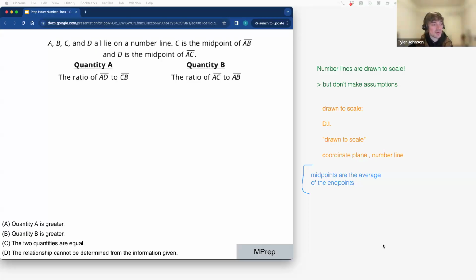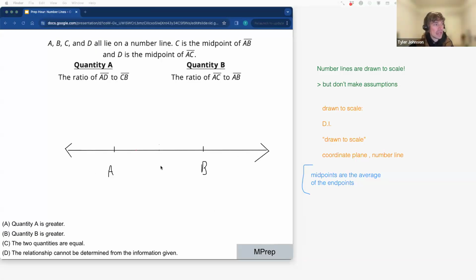Okay, so if I were to draw this one out, I've got this AB on a number line, and C is the midpoint. So I'm just drawing C right in between those two. And then D is now the midpoint of AC. So I'll have D right there.